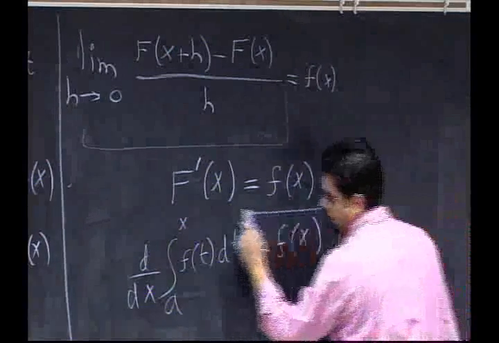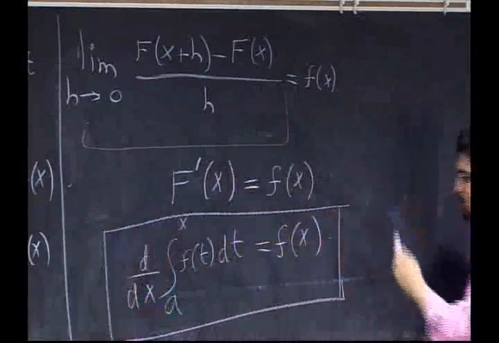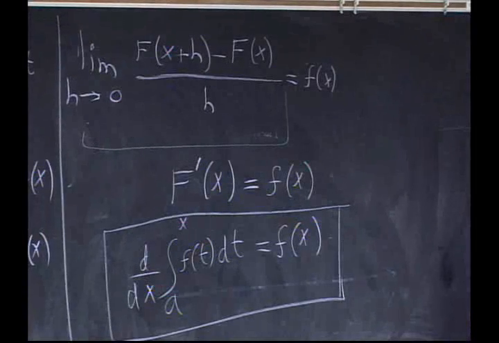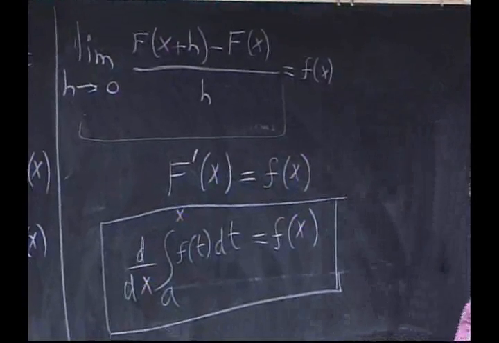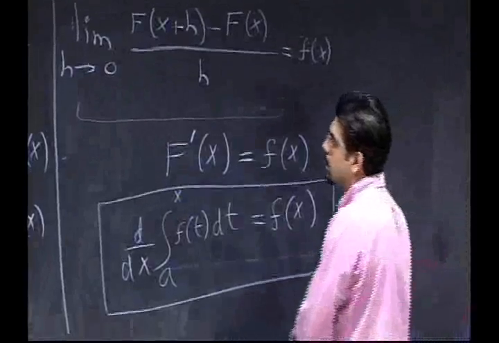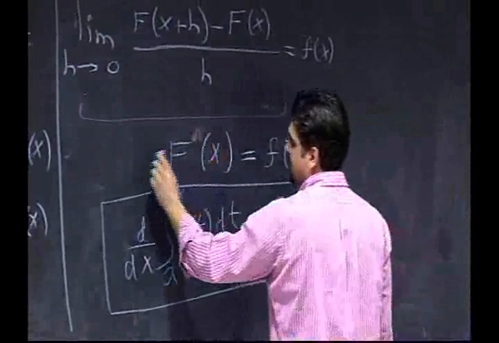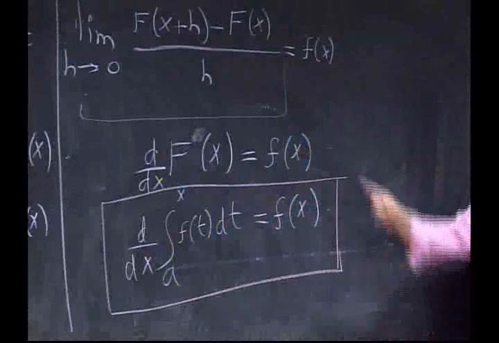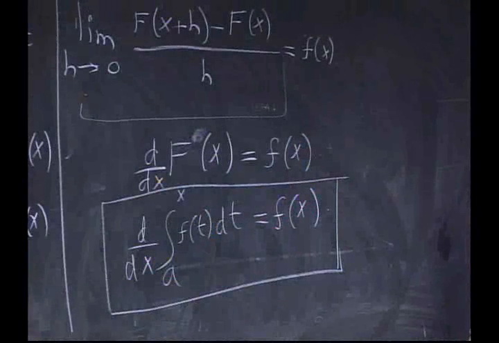Does that make sense? It's just a different notation here. I could very easily write this as d by dx of F. The derivative of F is little f.